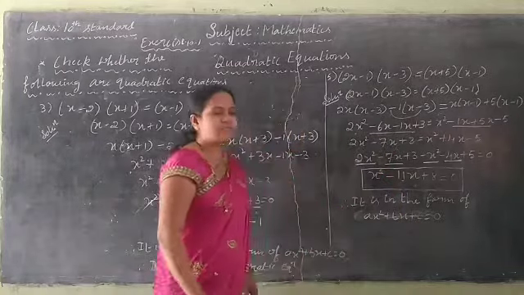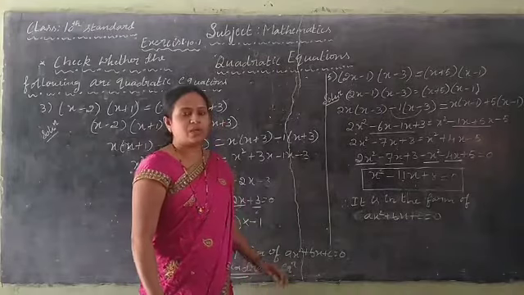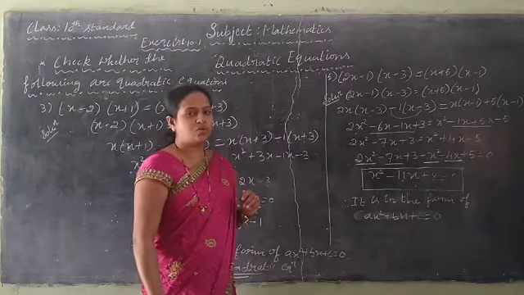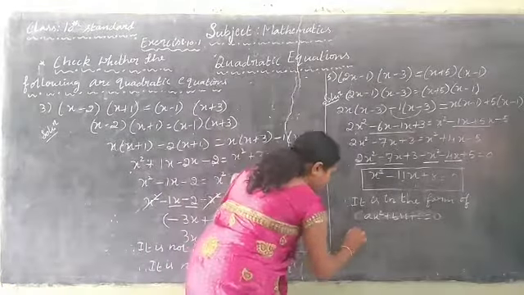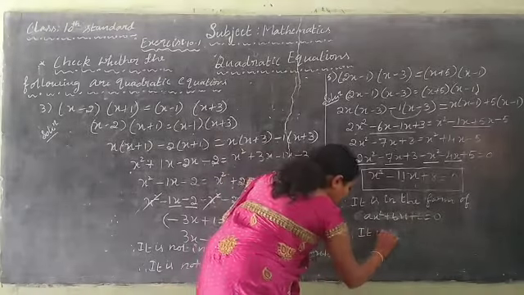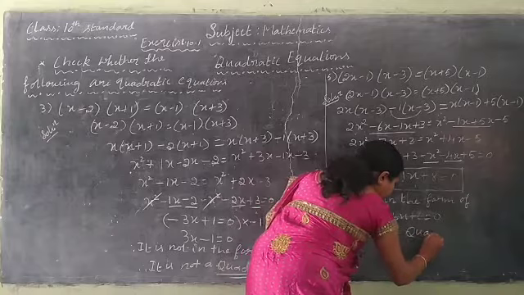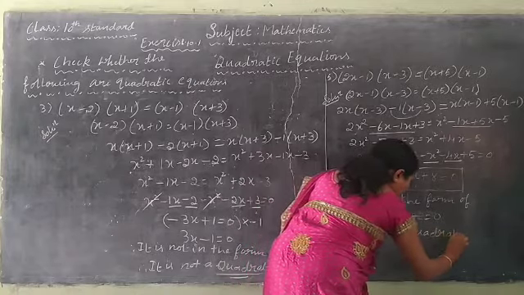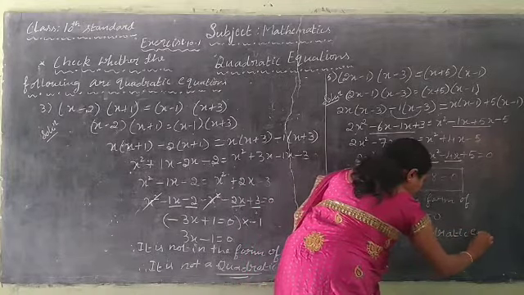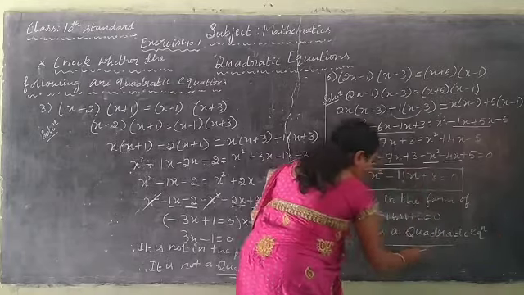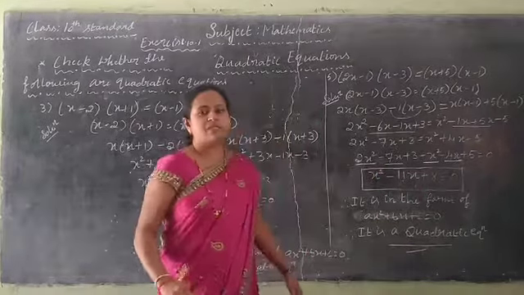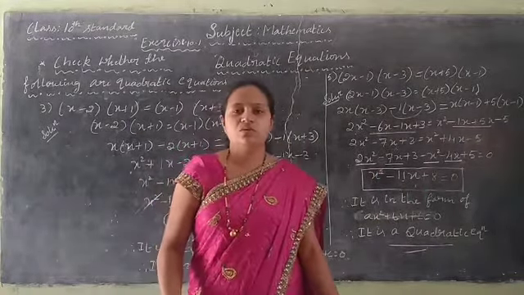Sorry, for your correctness, it is in the form of ax square plus bx plus c is equal to 0. Therefore, it is a quadratic equation because it is in the form of ax square plus bx plus c is equal to 0.